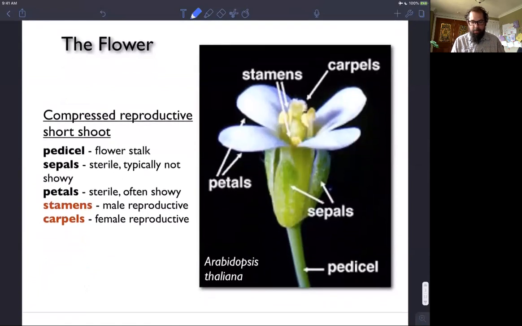And so here is an Arabidopsis flower that shows that reproductive axis. The flower itself is really a compressed reproductive shoot.